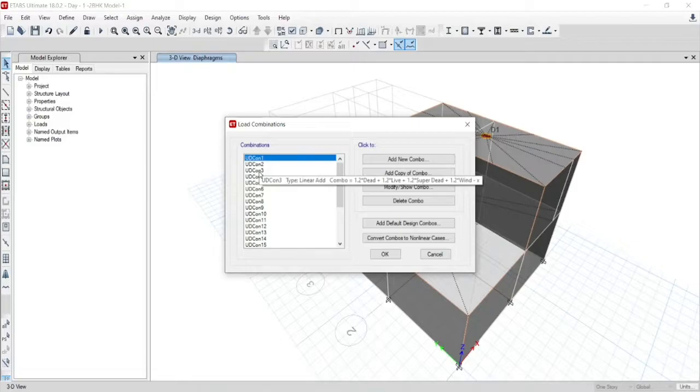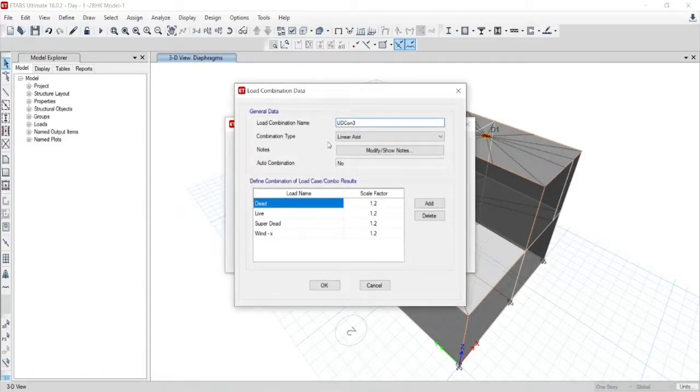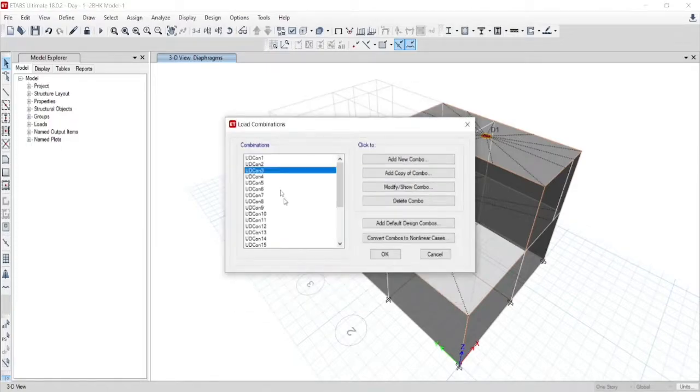And here you can see the third load is wind load. You can observe here the third load, which only consists of dead load, live load, and if I am clicking here, double click, UD3 concrete is dead load, live load, super dead load, and wind load in x direction only, which is covering 1.2. Let us press OK.